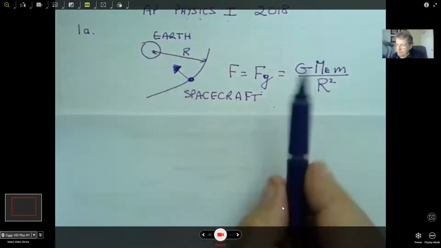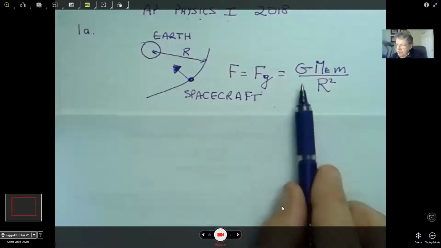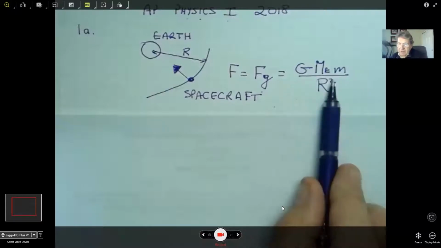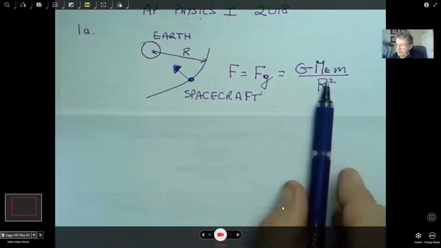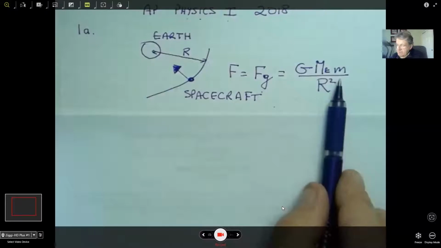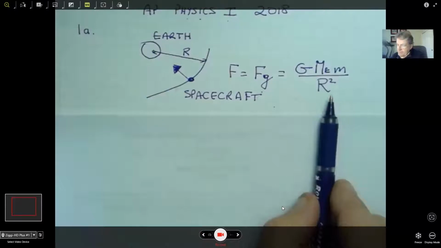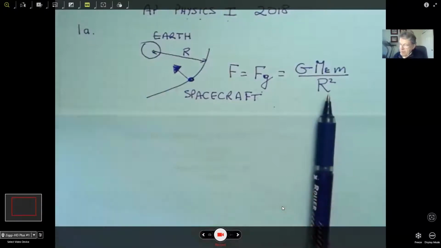It's usually given as F sub g equal to G times the mass of the first object, M E, times the mass of the spacecraft, divided by the square of the distance separating them. So fairly easy problem, but it allows you to proceed to answer the second part of the question.